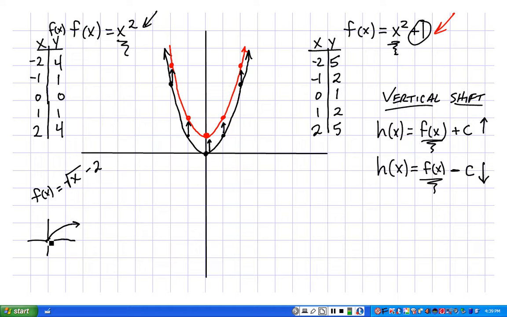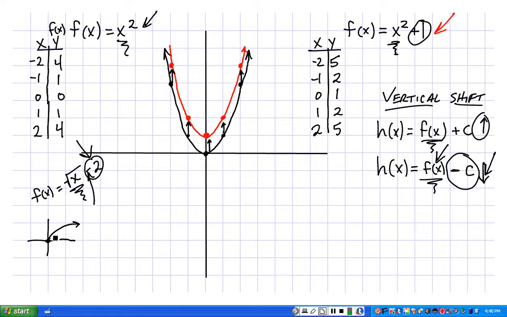Okay, well, the fact that I'm subtracting 2 from that base graph, subtracting a constant from a parent function, this being the parent function, this is the constant I'm subtracting. The fact that I do that tells me that I'm basically going to take the same graph and shift it vertically, but because it's a minus sign, instead of shifting it up, we're actually going to shift it down.